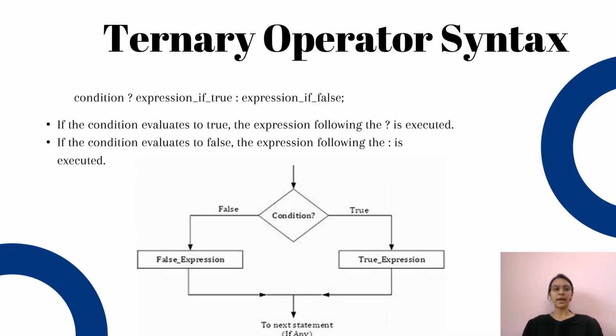Ternary operator syntax: condition, if the expression is true, then print this, else if the condition is false, then print this. If the condition evaluates to true, the expression following the question mark is executed. If the condition evaluates to false, the expression following the colon is executed. Here is the flowchart for the ternary operator.